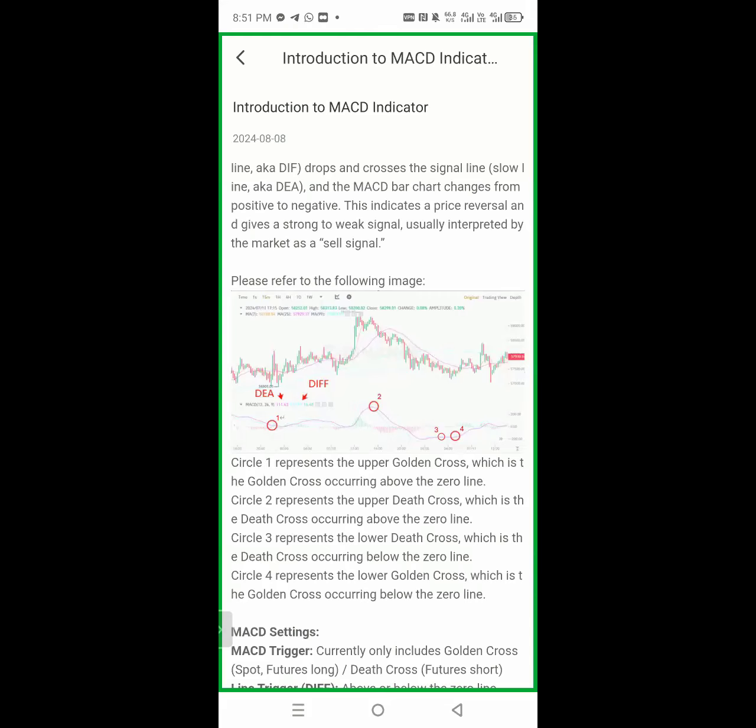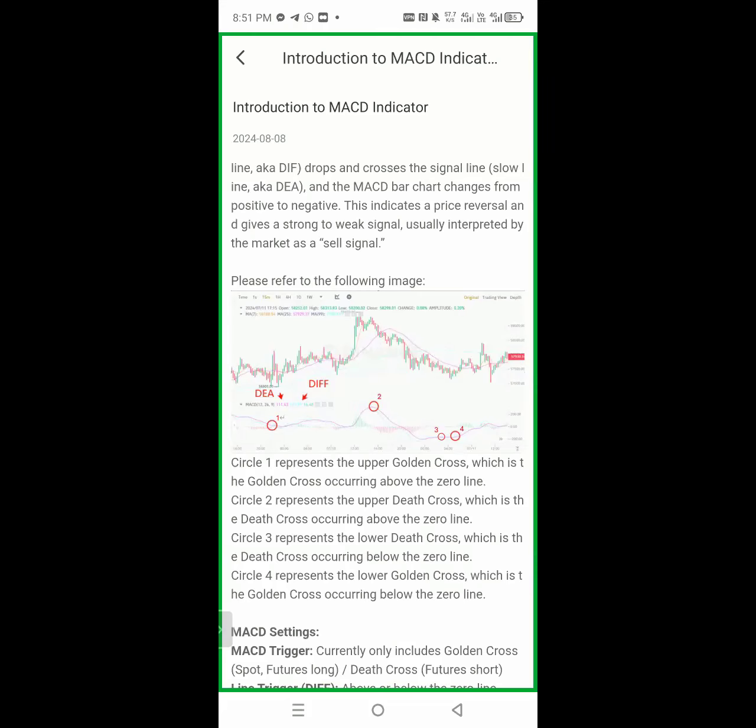You understand? So circle one represents the golden cross, the upper golden cross, which is the golden cross occurring above the zero line. So that golden cross, that place they circled as circle one, is a greater than zero golden cross.